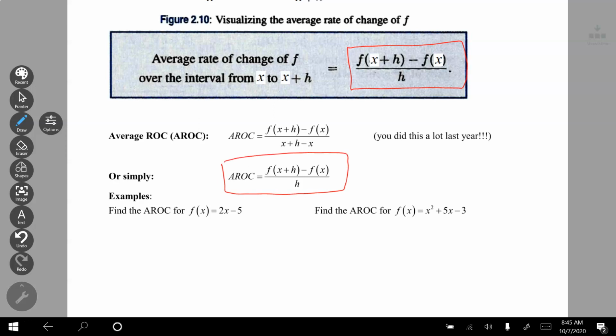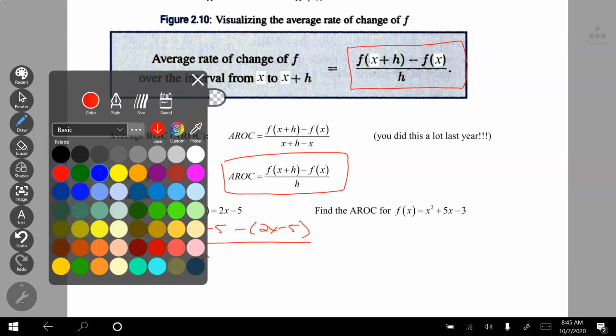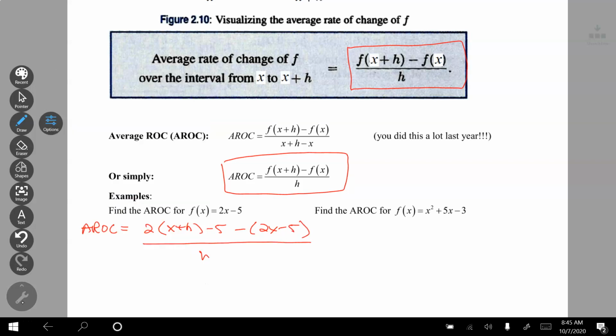So we have another couple of examples. So my average rate of change, 2 plug in x plus h minus 5 minus the original function all over h. Distribute.